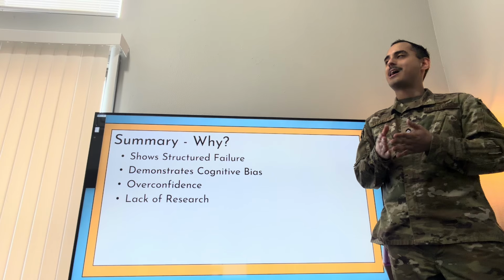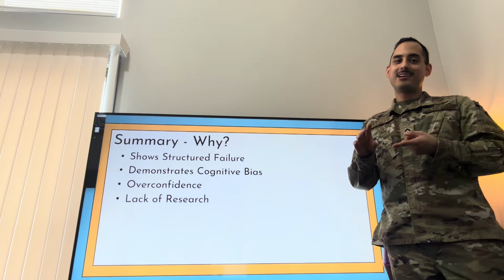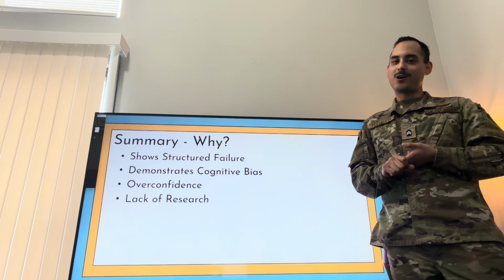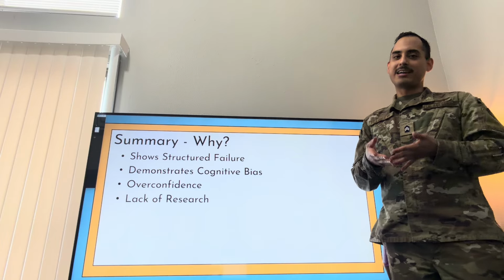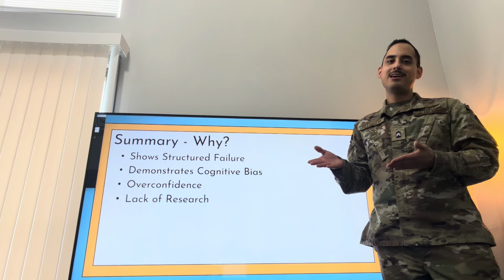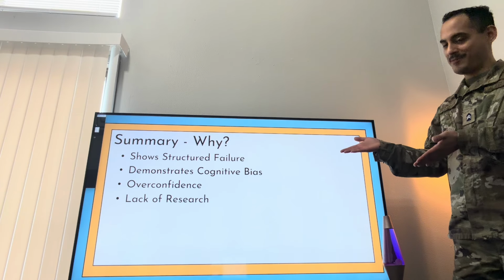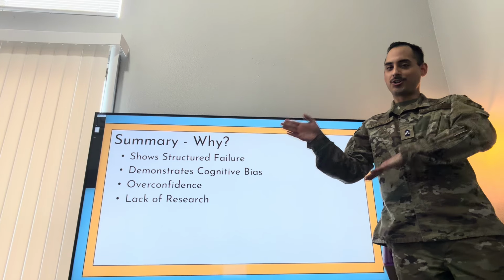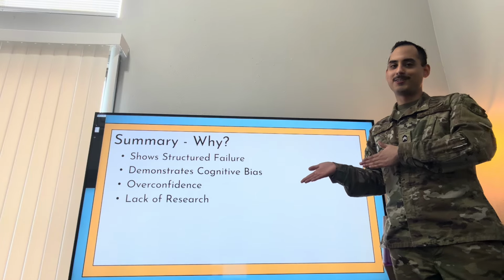However, if you run into issues like cognitive bias, overconfidence, and also a lack of research, it can really undermine your entire problem-solving method process. And thus, that is why this episode demonstrates that the structure alone doesn't always guarantee good decision-making processes.